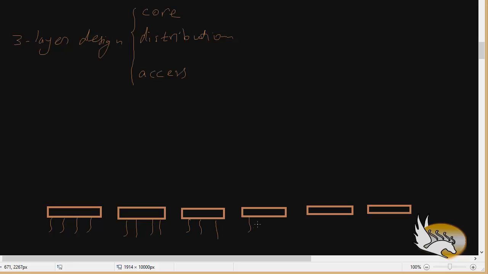They can be access points as well, because they can handle wireless devices. And this is going to be my access layer. So I can have a lot of switches in my access layer. All of them are layer 2 devices. They are not going to be layer 3. They are going to be layer 2 devices.